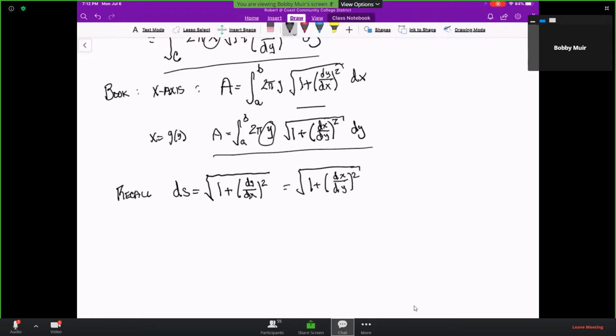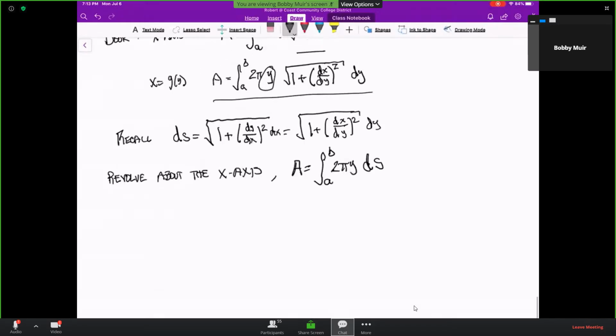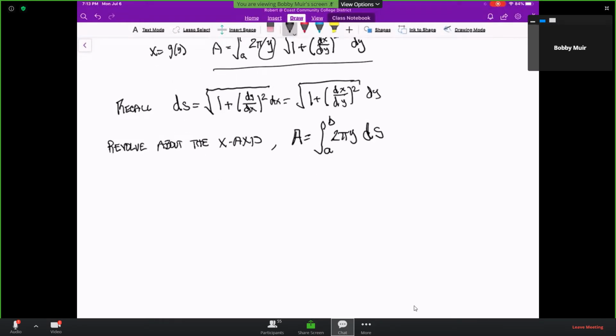So if we're revolving around the x-axis, the area is going to be from A to B, and then it's going to be 2 pi y ds. Now ds could be dx or dy. ds could be either one of these things, okay?